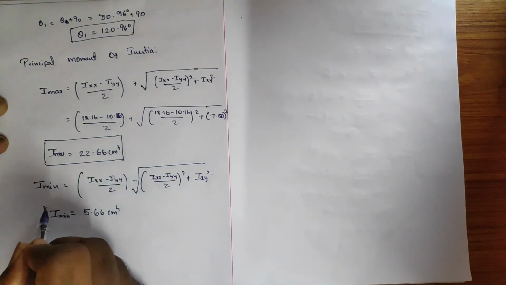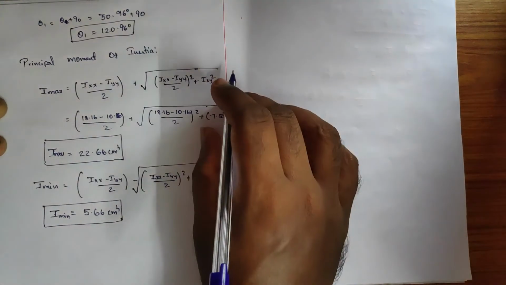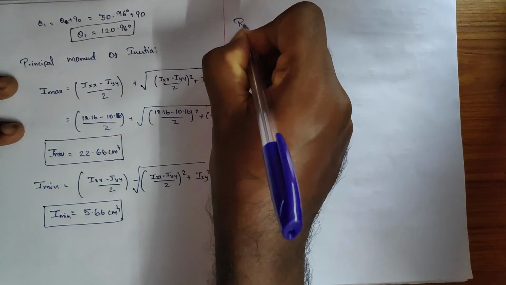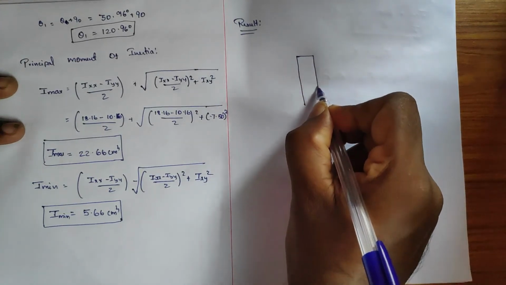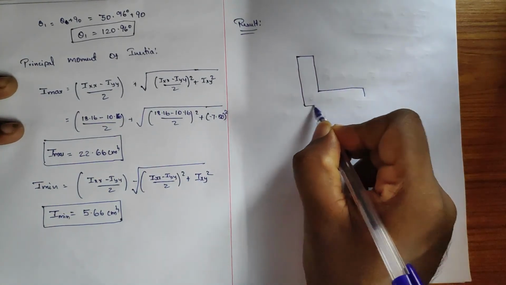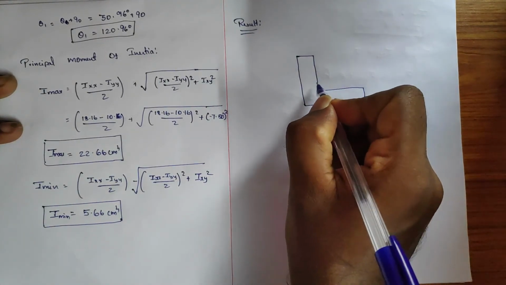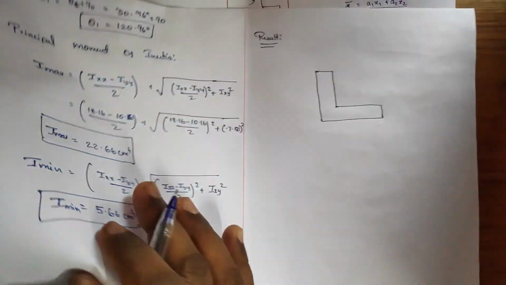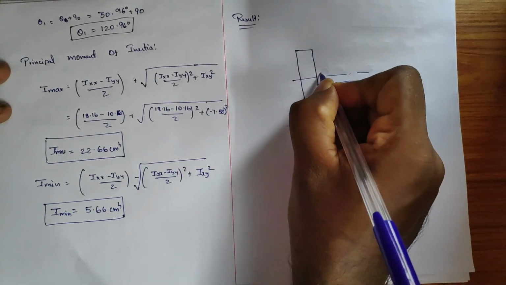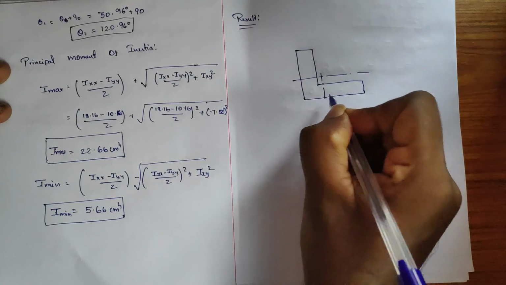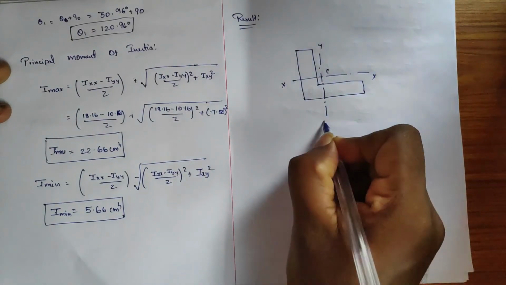After completing all this, we need to specify the axis in the L section. So that is the easy part. Result: just draw the exact picture. Okay, and somewhere here we have the centroid, this is the centroidal axis xx, this is centroidal axis yy.